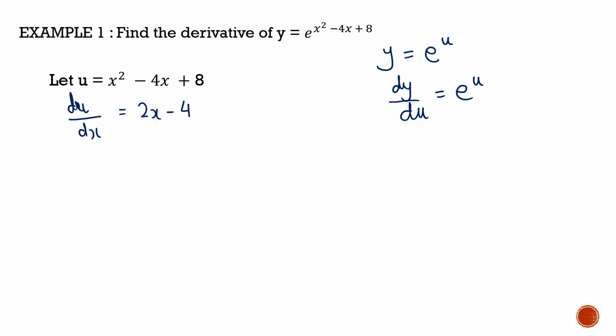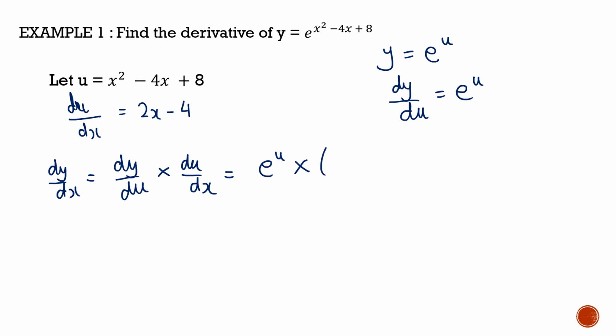So now the chain rule: dy over dx equals dy over du times du over dx. So dy over du was e to the power u, times du over dx, which was 2x take 4. So I'm going to write it as 2x take 4 times e to the power u.